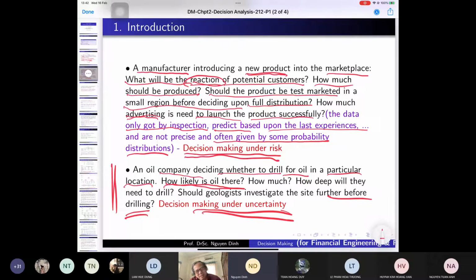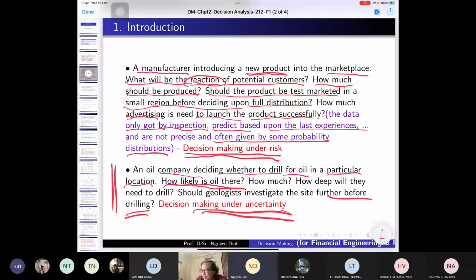That means some expert comes here to do research and investigation to see whether we should proceed or not. So in this case, we don't have any information. Everything is a risk there.